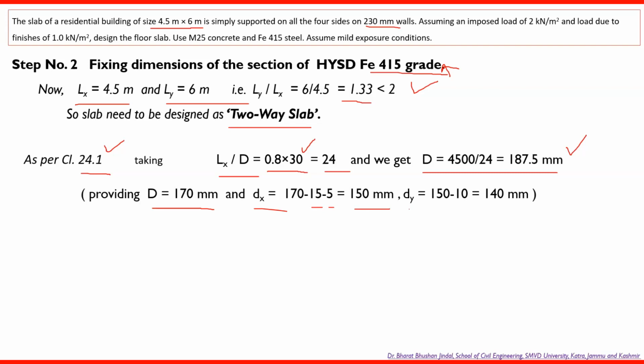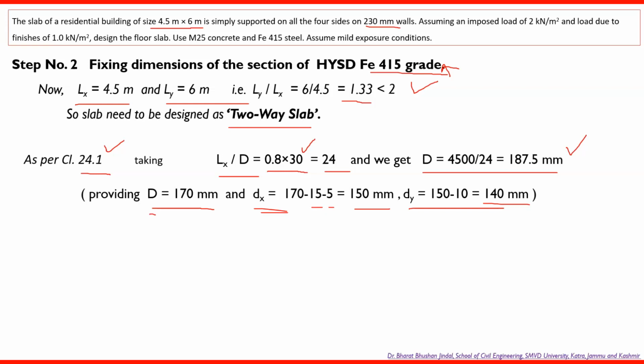Similarly, we can obtain the effective depth of the slab required along the major axis, or better to say the longer span. Since that reinforcement is placed above the reinforcement along the shorter span, after calculation the effective depth we are able to provide along the y direction, or the longer span, comes out to be 140.